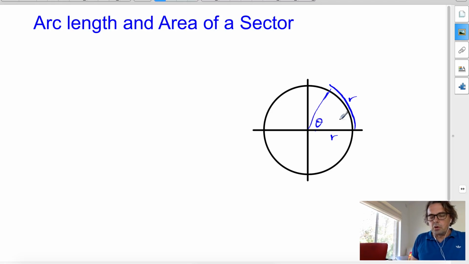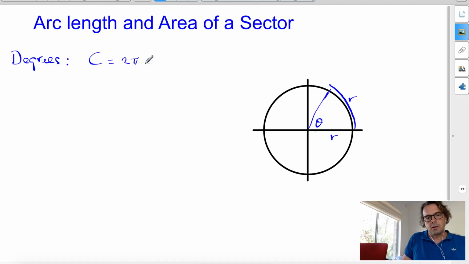Now how did that work all in degrees? If you're in degrees, you know that the circumference of a circle, the full circle, is 2 pi times r. And the area of a full circle is pi times r squared. Now if you have an angle theta and you want to know the arc length here in degrees, then the angle theta needs to be in degrees, of course.